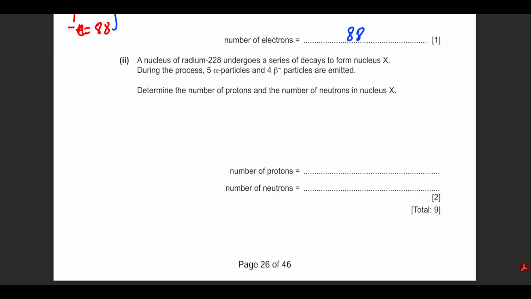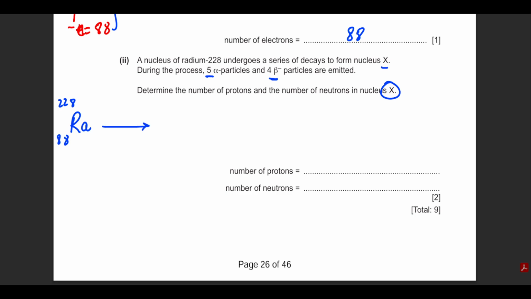A nucleus of radium undergoes a series of decays to form X. During the process, 5 alphas and 4 betas are emitted. Determine the number of protons of X. So X is formed by radium undergoing these decays. Radium was 228, 88.